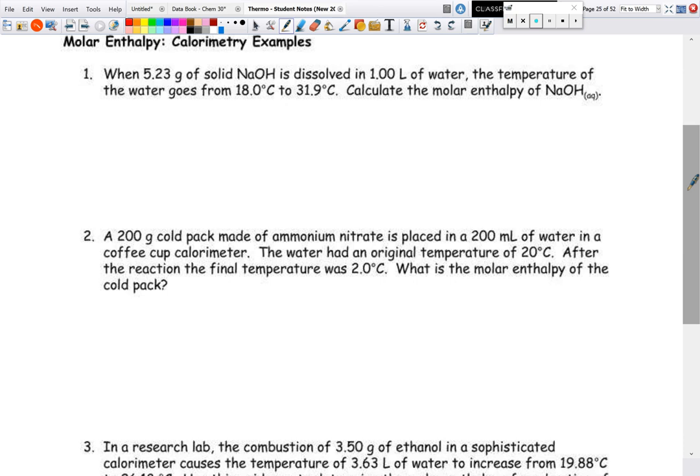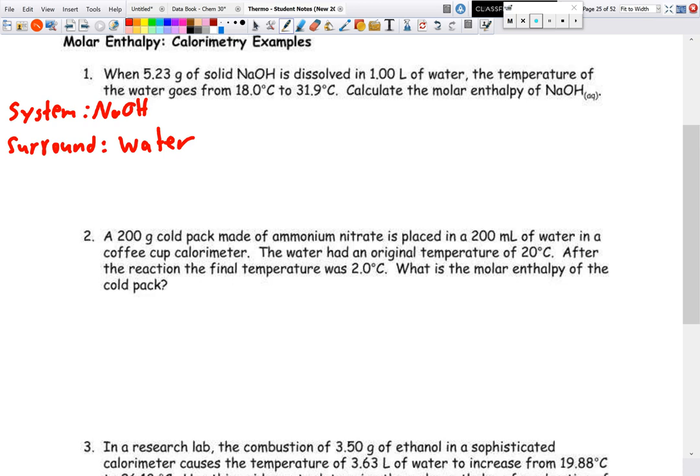What is our reaction? In this case, it's dissolving, but still, it's a process. So our system is NaOH, because it's dissolving. Our surroundings, I'm just going to write surround, is of course our 1 liter of water, because that's where the temperature change is.